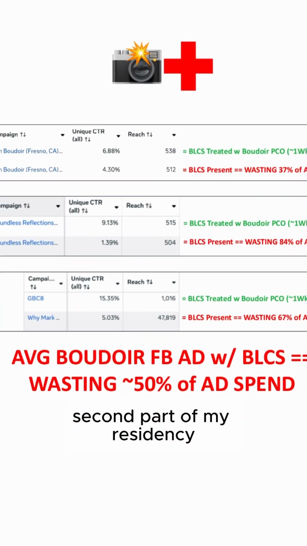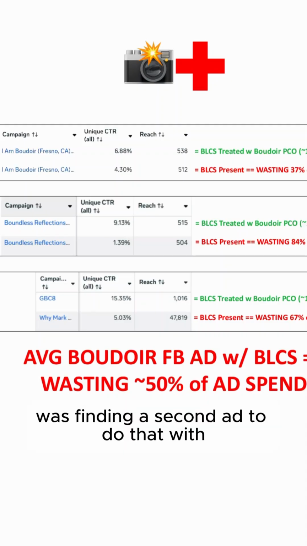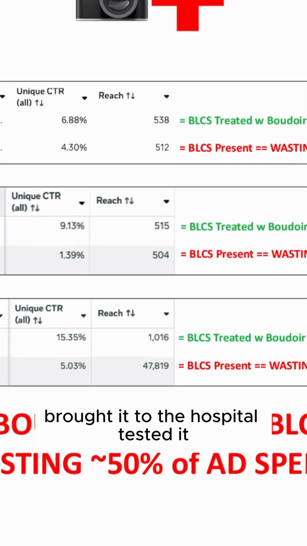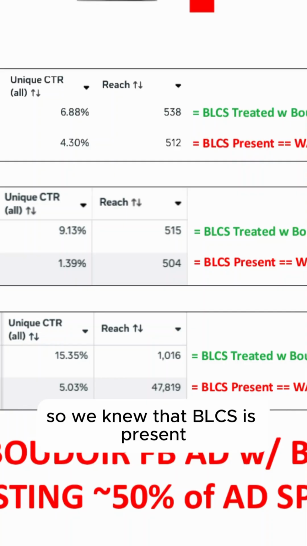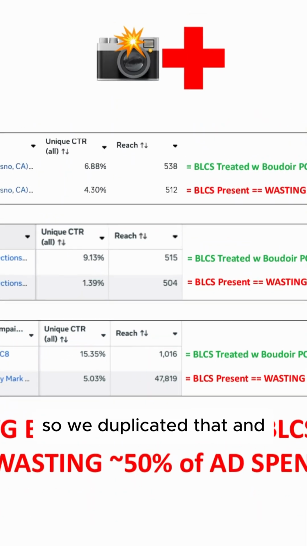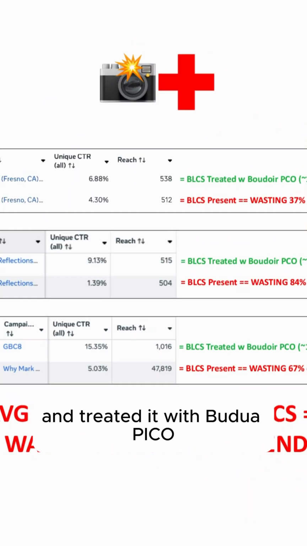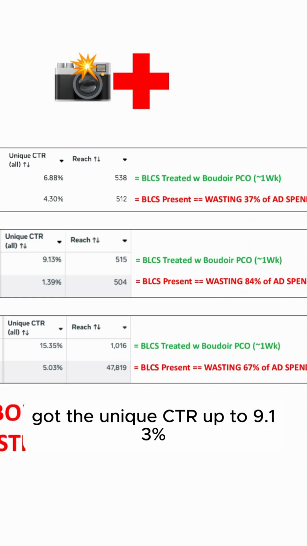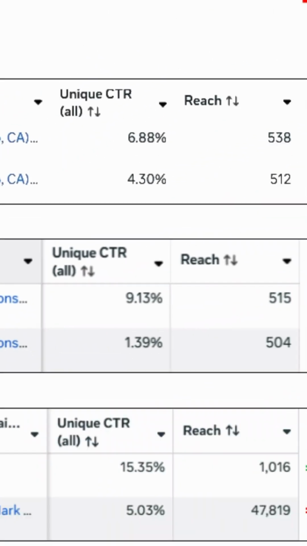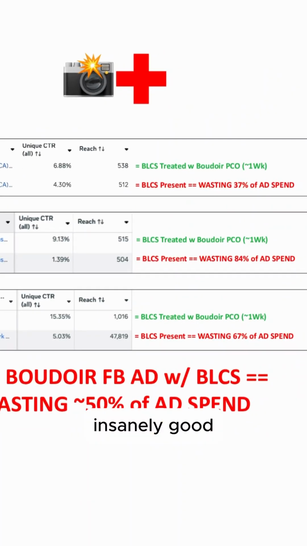Second part of my residency was finding a second ad to do that with. So I found another one out there, brought it to the hospital, tested it, and found its unique CTR was 1.39%. So we knew that BLCS is present. So we duplicated that and treated it with Boudoir Pico, and got the unique CTR up to 9.13%. Insanely good.